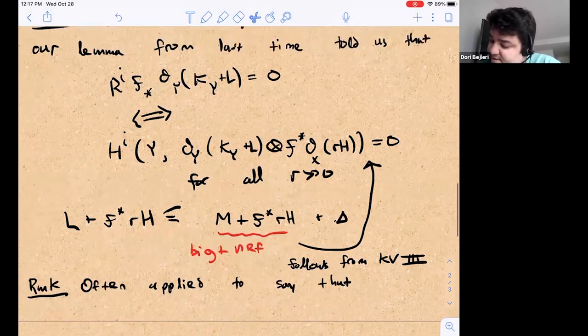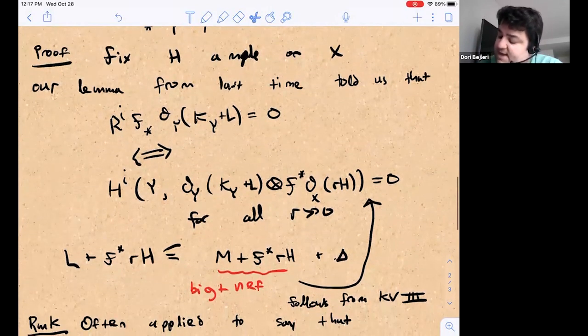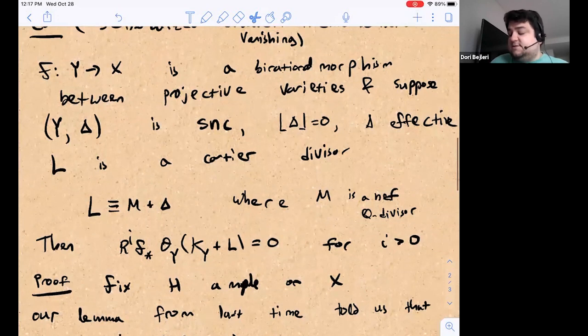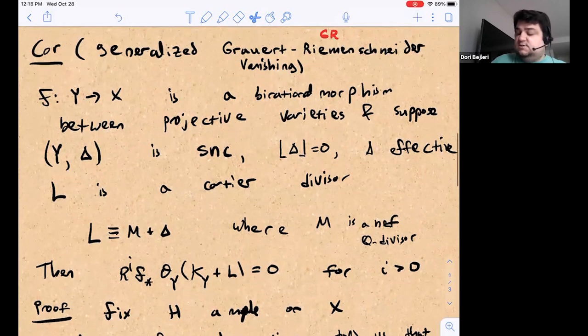That's one of the advantages of only needing to assume that M is Nef, that we can take in particular M to be the 0 divisor. And then when M is a 0 divisor, and when delta is a 0 divisor, and Y is just some smooth variety, and we have a proper birational map, then we actually get that the higher direct images of omega are 0, which is what came up in a special case in the proof earlier.